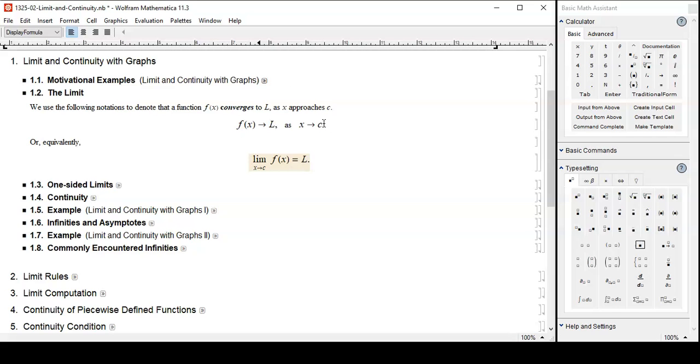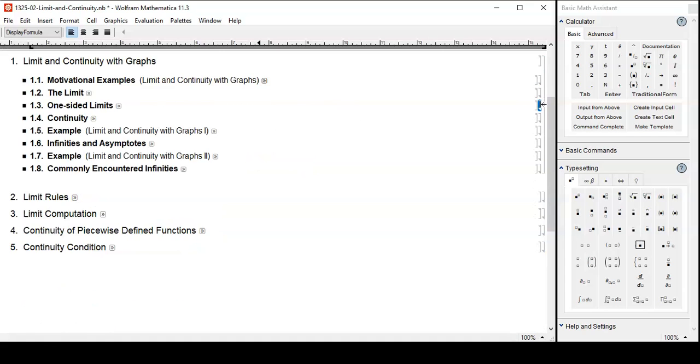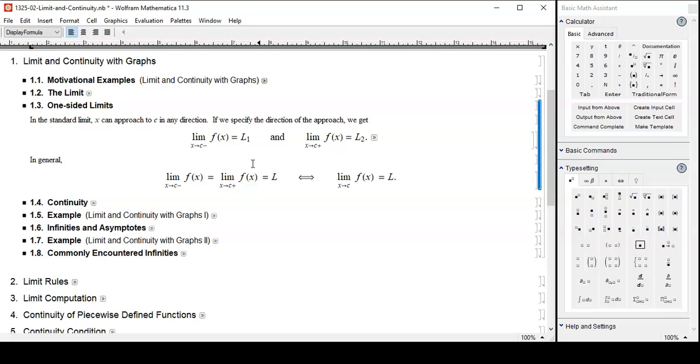What exactly does it mean? Y-coordinate, function value is y-coordinate. Remember, this is y-coordinate. Y-coordinate is getting closer and closer and closer to L. I'll show you the graph in a moment. One-sided limit, c minus, that represents to the left, c plus, that represents to the right.